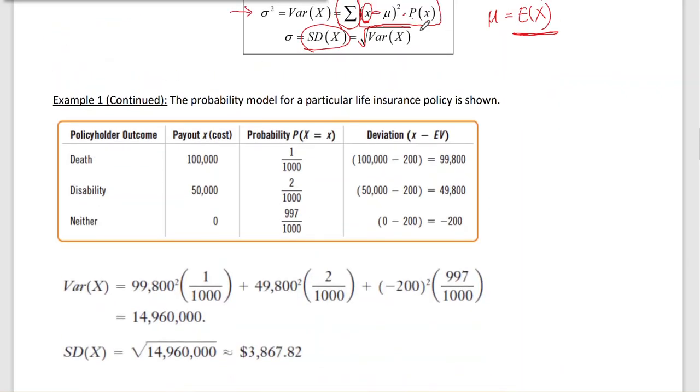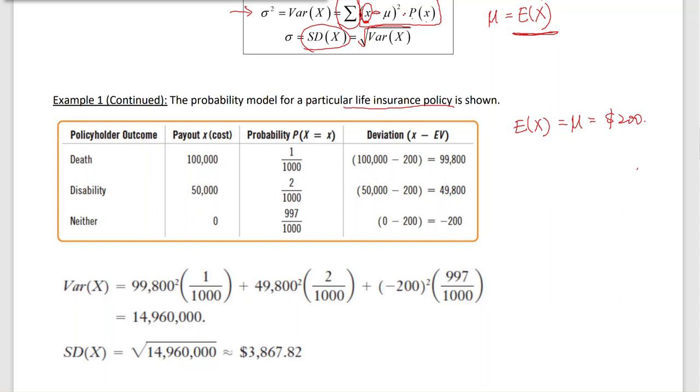All right, so now let's go through this example again. It's still about this life insurance policy. From the last step, we already have the expected value, which is mu equals $200. On average, we expect this policy will pay out $200 for each policyholder.